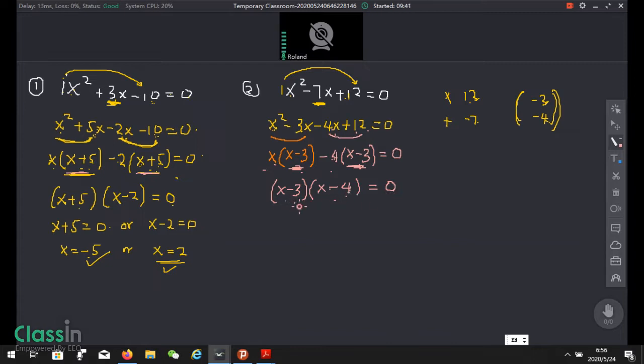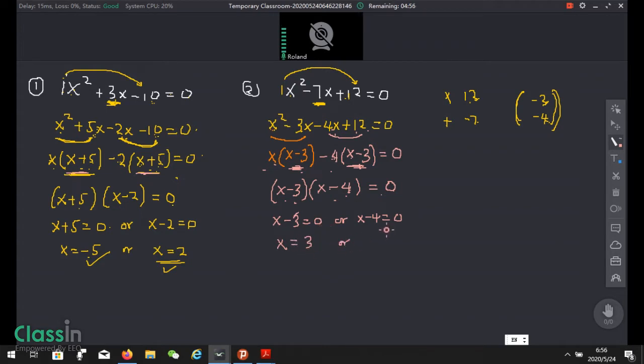Whenever you multiply two terms and you get 0, it means one of them is 0. So in this case, it's either x minus 3 is 0 or x minus 4 is 0. If x minus 3 is 0, we can take negative 3 to the other side to become positive 3.